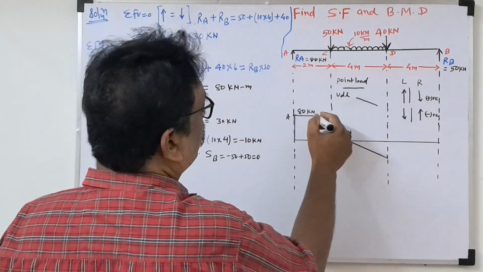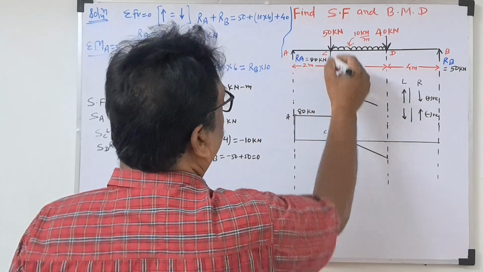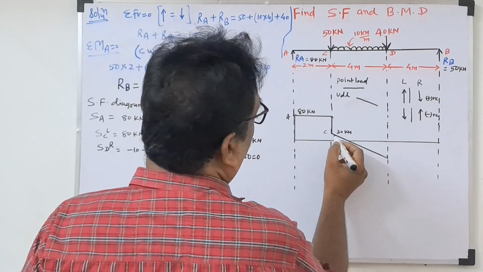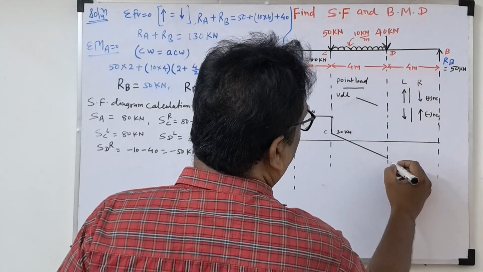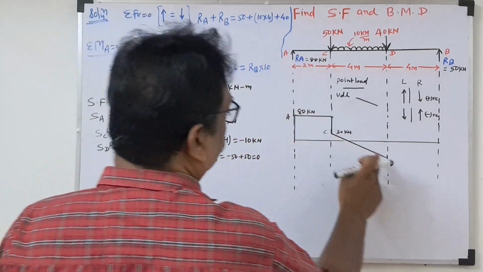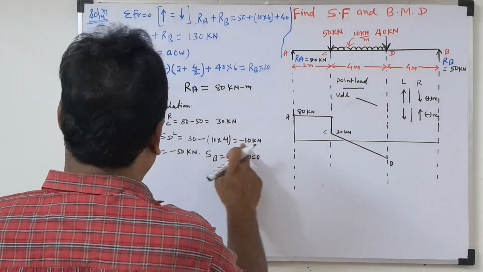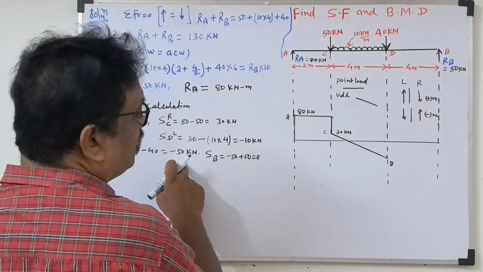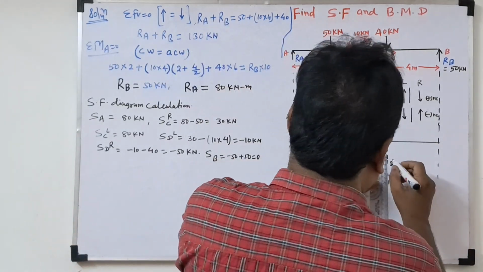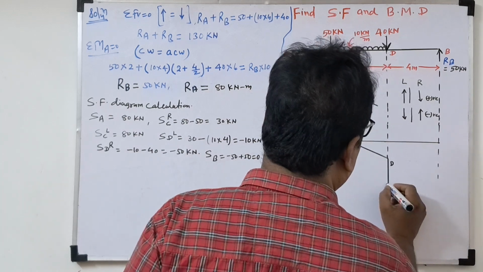So this is the point load horizontal line. Now from C to D, what is there? UDL, so an inclined line. Now this is called CDL, how much? Minus 10. Then what is CDR? Minus 50. At the same point, the line will come up to this.